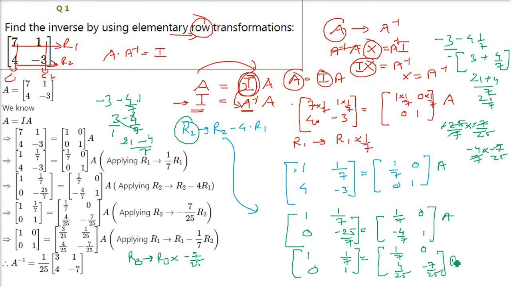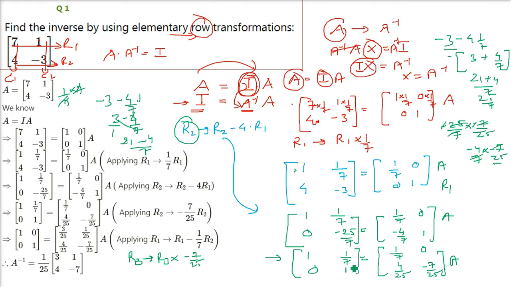Okay, one more thing is remaining. 1 by 7 has to be made as 0. So what we'll do is, we'll multiply this row 2 by 1 by 7 and we'll subtract it from R1, row 1. You might be questioning why we are not multiplying this whole row by 7, because 1 by 7 will be 1.